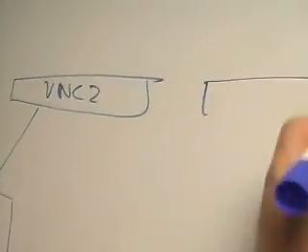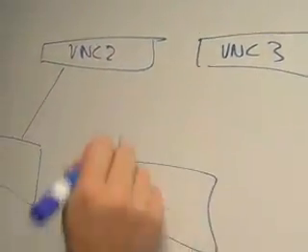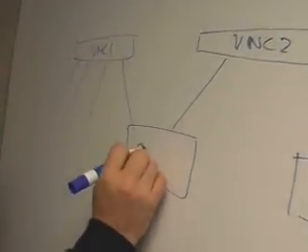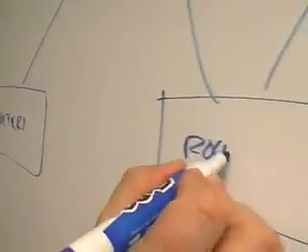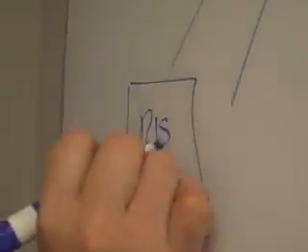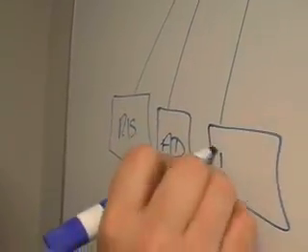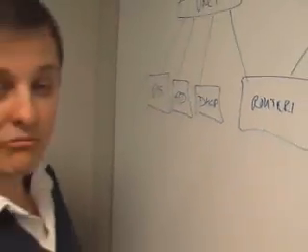I have 3 virtual networks. I just remembered. VNC3. I have another one like that. So this is router 1. This is router 2. And then over here I've got the RIS server that I showed you, the Active Directory server, and the DHCP server.